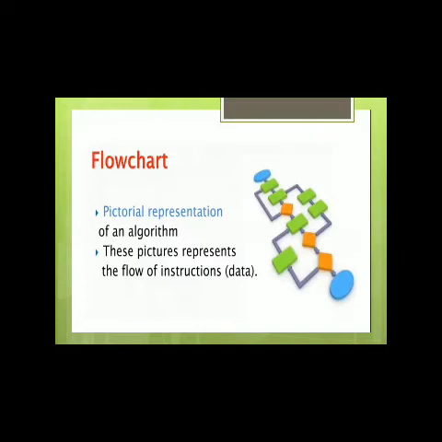Now why are we doing it? Because we know that the pictorial representation of anything is far better in terms of understanding if we compare it with textual representation. Means a pictorial thing will be understood more.